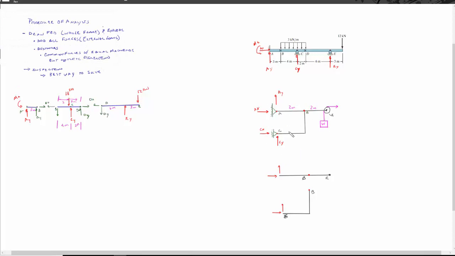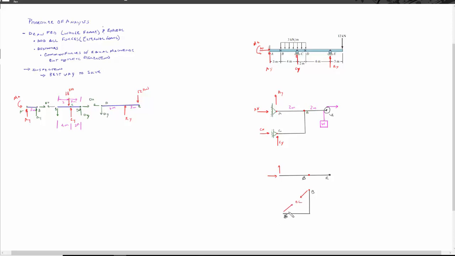So if the reaction forces on the whole frame look like this, I put them on the frame just as they are. So looking at this, I could also draw the reaction forces here at B. I could draw something like this, and something like this, and I could call these both BC.